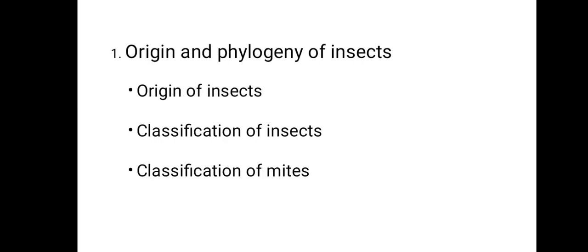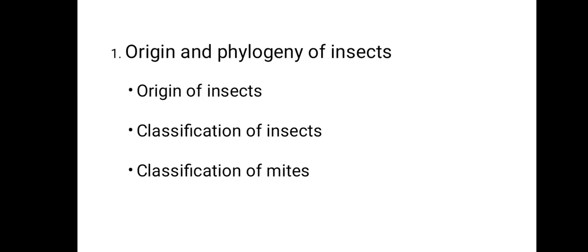So the first one is the origin and the phylogeny of insects. And so here we'll talk about the origin of insects and various species of insects. And when we are done with that, we'll talk about the classification of insects.